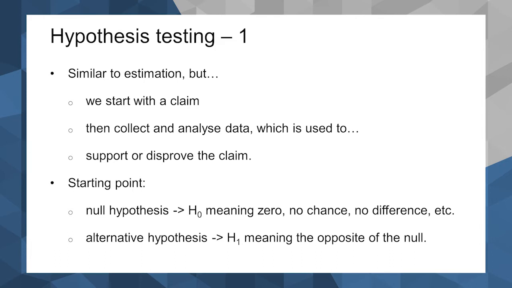And in this case, I run a pilot with the new layout to see if the productivity improves or not, and then I collect the data from the test, which is a sample. I would hope to be able to prove that the null hypothesis is wrong, so that I can reject the null hypothesis and accept my claim that the new layout increases productivity.